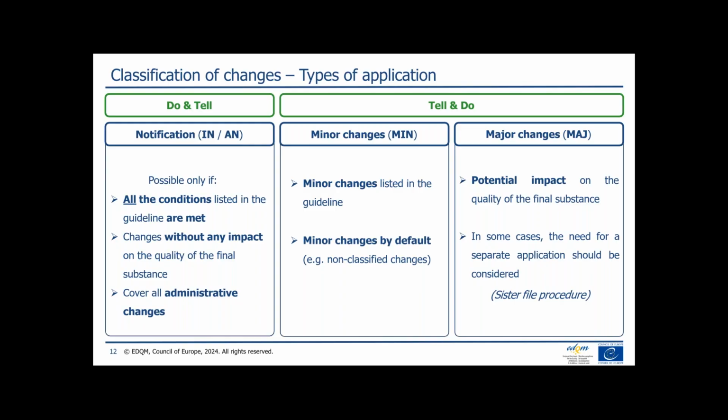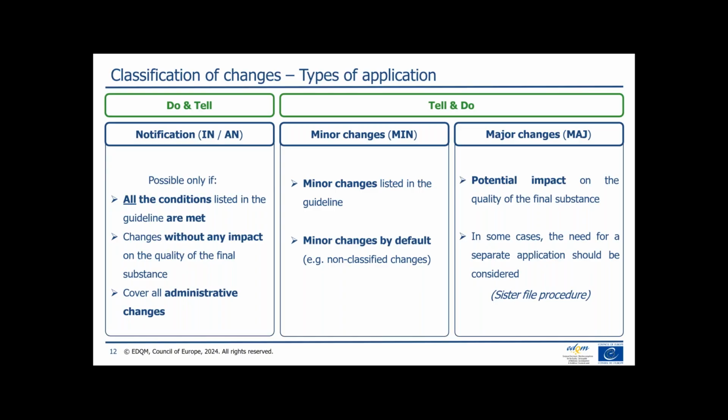So minor changes are listed in the guideline. There are also minor changes by default if you cannot find some change in the guideline. On the other hand, for major change, if there is a potential impact on the quality of the final substance, this should be submitted as a major change.